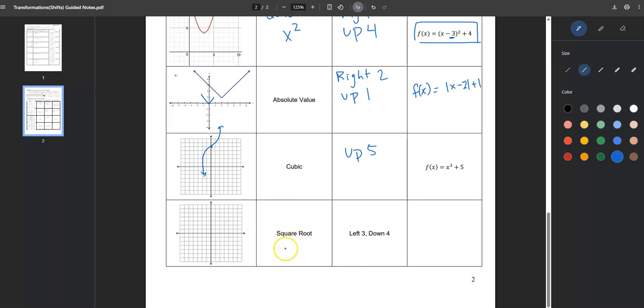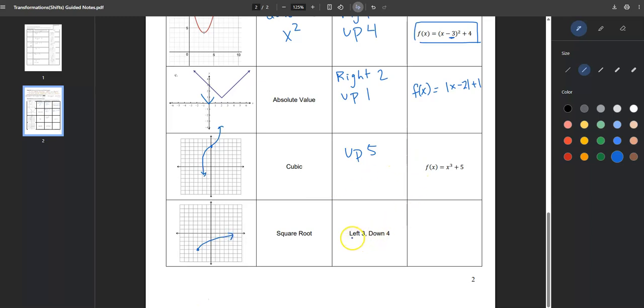And this bottom one, again, square root, I want to shift it left 3 and down 4. Remember that usually that function's right here and goes there, but if I'm moving it left 3, 1, 2, 3, and down 4, 1, 2, 3, 4, that's now going to be right here, and it's going to be going one direction.